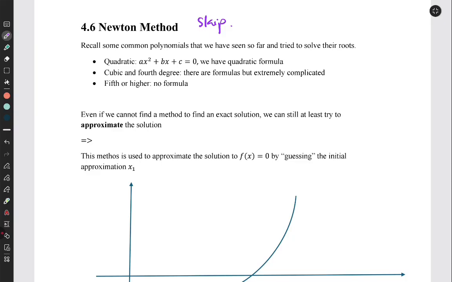Technically, there are at least 3 to 4 ways for a quadratic, right? Factoring. Next one, more traditional, more old school: the quadratic formula, right? I still remember it.